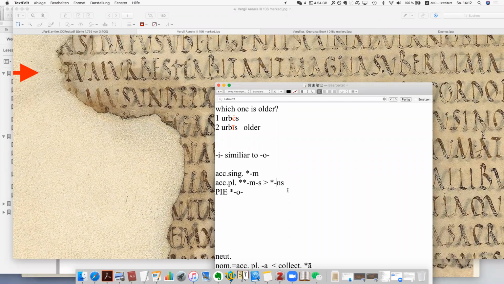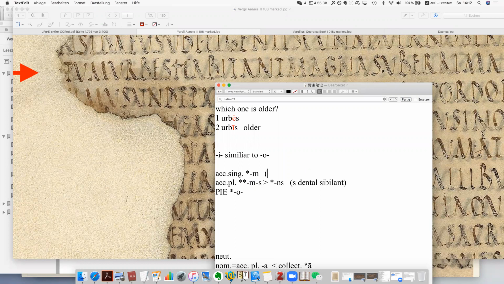It already becomes NS because S is actually a dental. So the reason is that S is a dental sibilant.